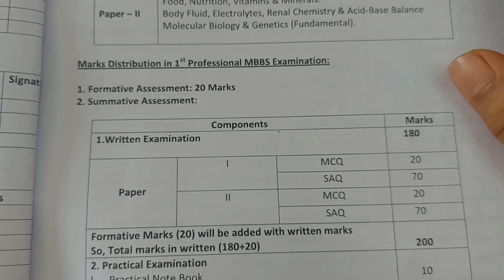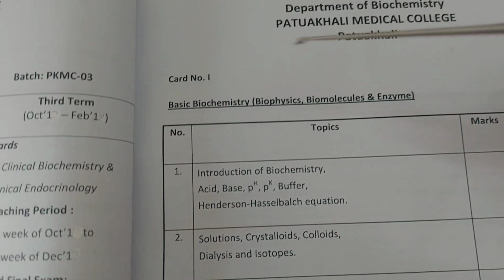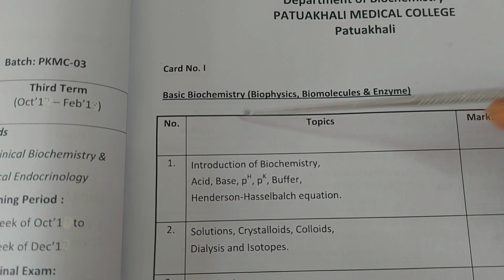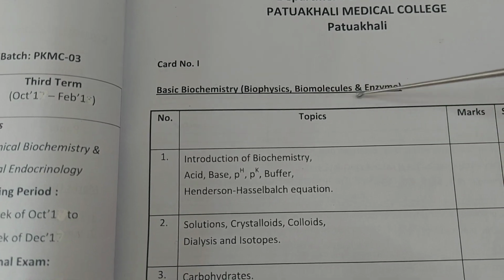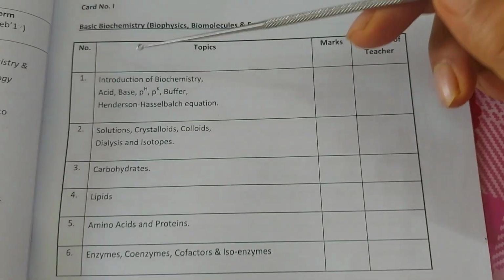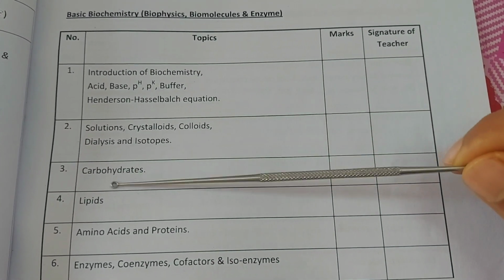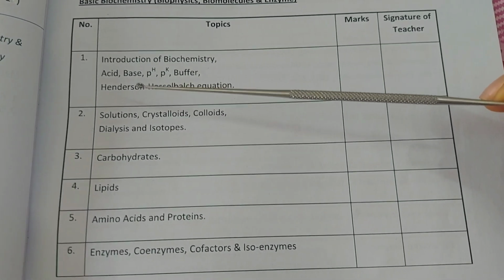First, we will go for the first card, that is basic biochemistry, biophysics, biomolecules, and enzymes. In this card, we can see there are 6 items or topics.